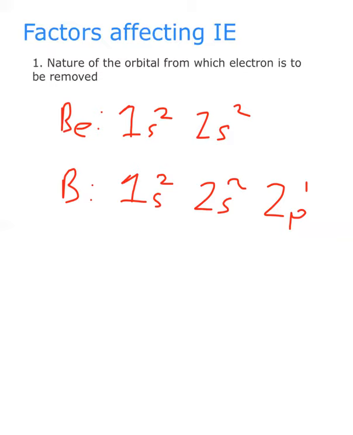Now, the next factor is spin-spin repulsion. For this, we'll take the example of nitrogen and oxygen.